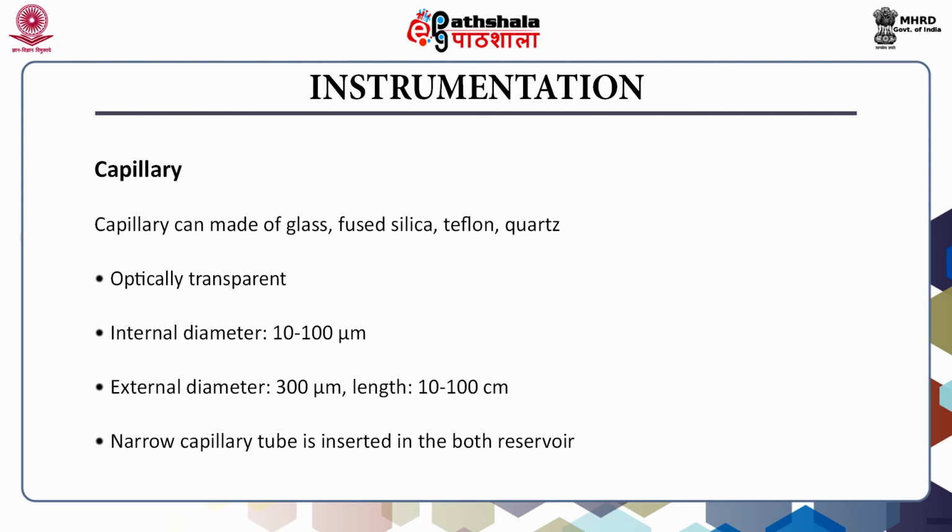One end of the capillary tube is dipped in buffer present in the anodic chamber, while the other end is connected to the cathodic reservoir. The buffer in the anode reservoir, cathode reservoir and capillary is the same. The pH of the buffer is kept higher than 5.0 to allow dissociation of SiOH.